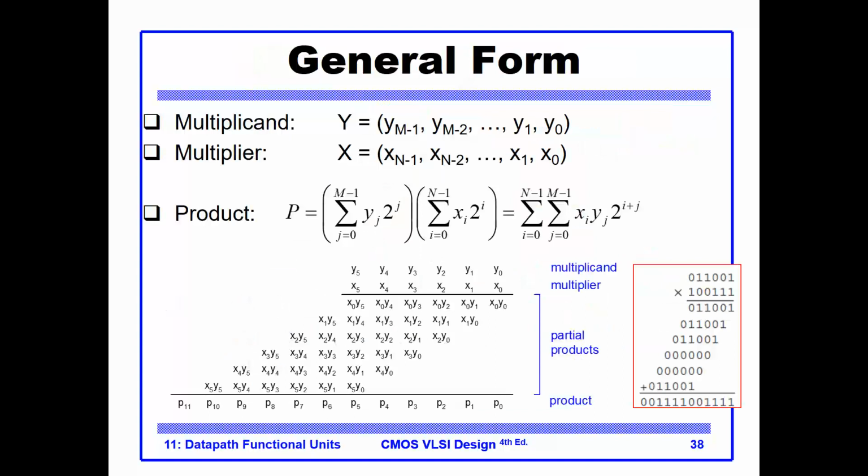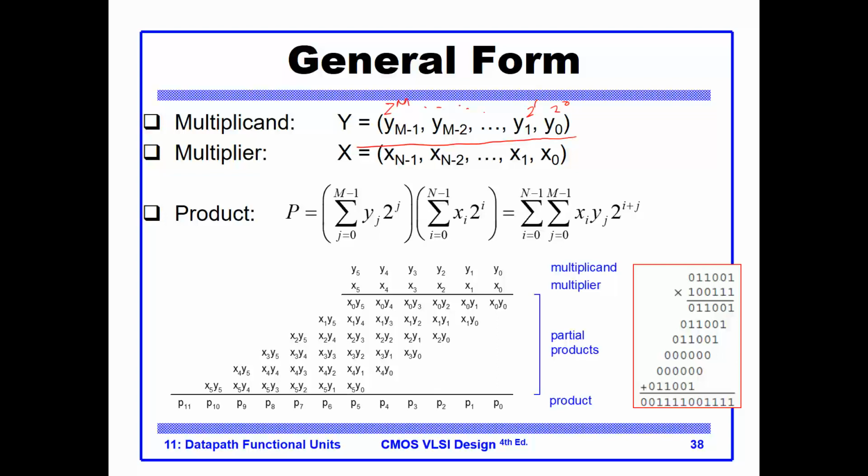Now, having said that, let's express the multiplicand as a collection of bits, each raised to a power of 2. So this is 2 to the power 0, 2 to the power 1, up to 2 to the power m.